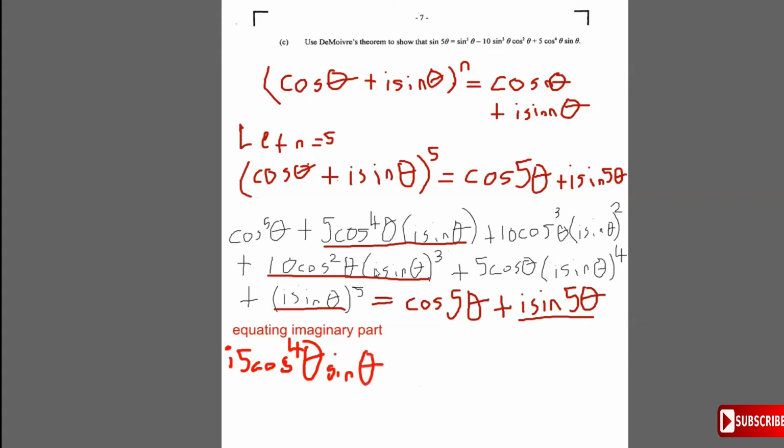For this part now, I'm getting I cube sine cube, but I cube is minus I, so I'm going to write it as minus I times 10 cos square theta sine cube theta.